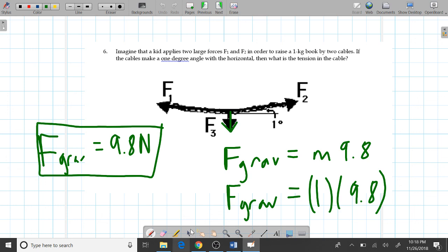So the tension in this wire is 281 newtons. And by symmetry, if you know the tension in this wire, the tension in the other wire is also 281 newtons. So the tension force for F1 is 281 and the tension force for F2 is 281. Okay, there you go. That's number 6.